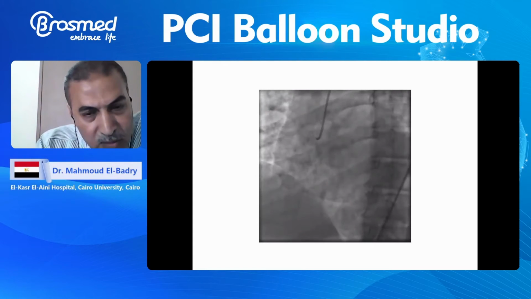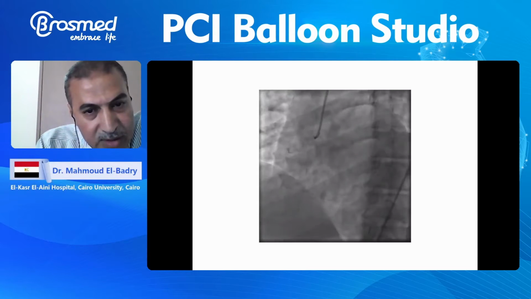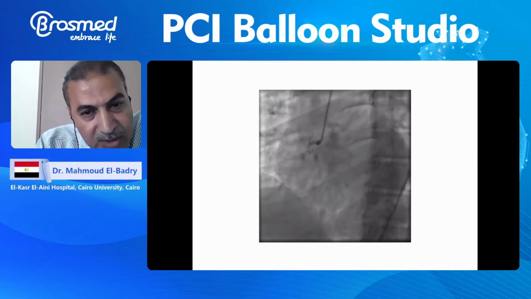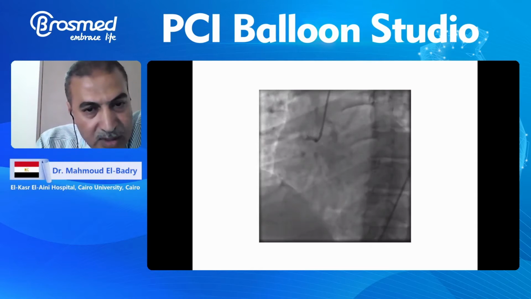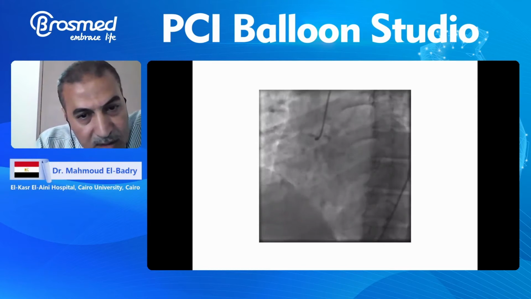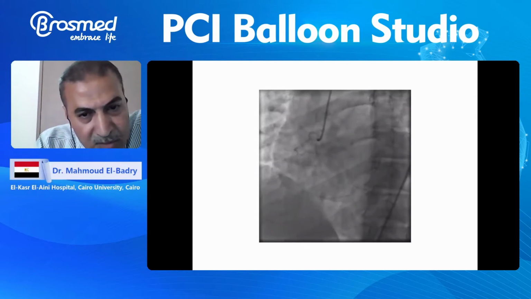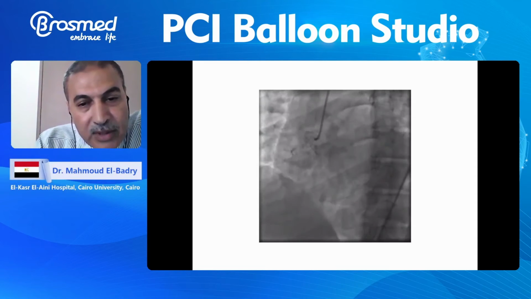There is an ambiguous occlusion because there is a branch at the side of the occlusion, maybe tapered, so maybe 1 over 0. No previous trial and no calcification, and I think it is about 20 millimeters. And there are intercoronary collaterals from the right to right, as we see.